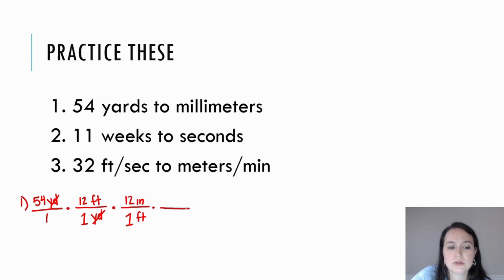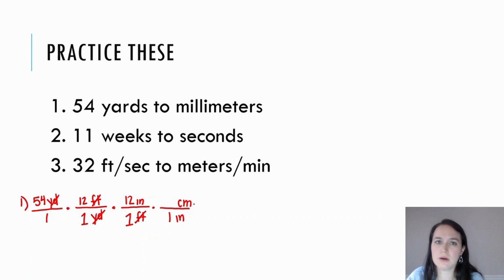I actually want to use the metric conversions here. So I'm going to go from 1 inch. Oh, I'm sorry. Let me cancel out my feet. 1 inch. I'm going to go to centimeters because inches and centimeters we typically use when we're talking about measurement, even in the American measuring system. So I go from 1 inch to 2.54 centimeters.